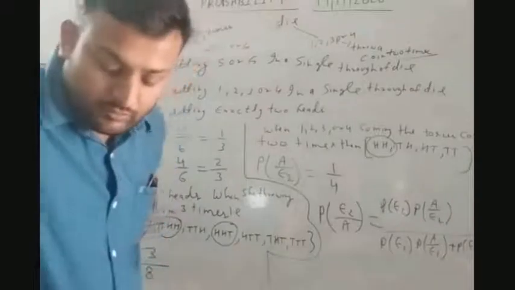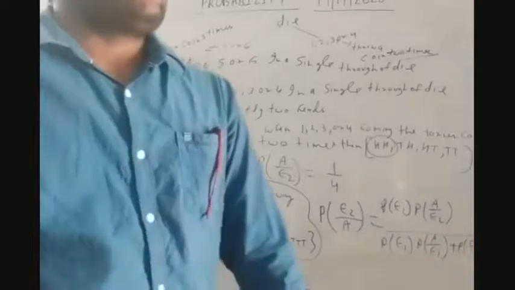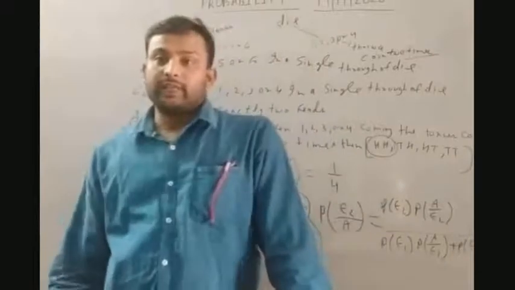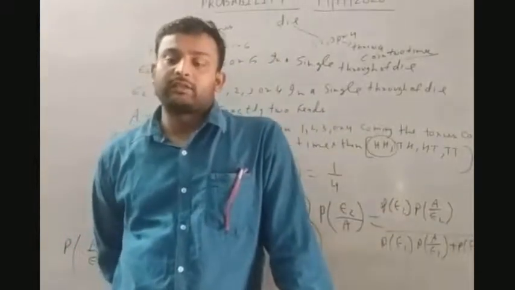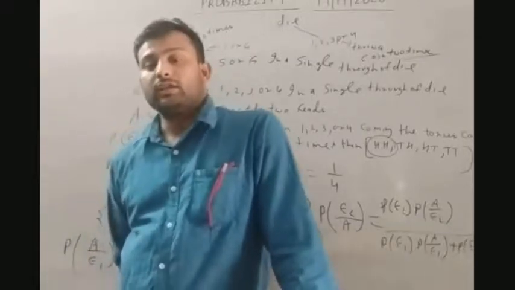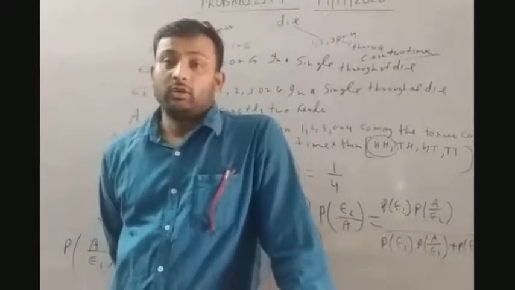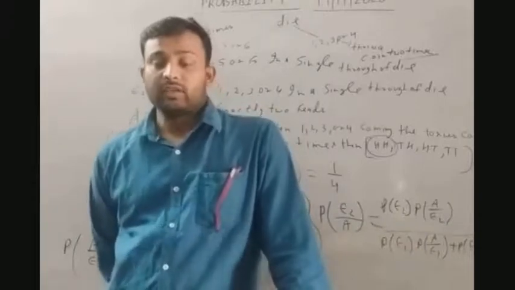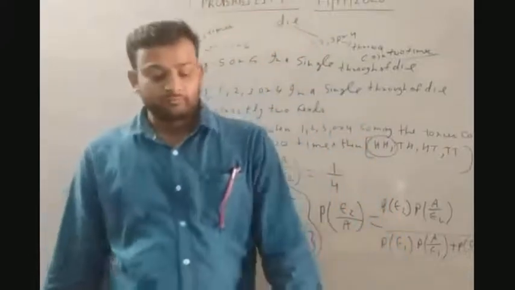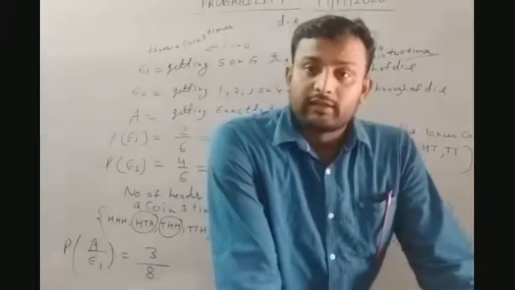Okay. So let's see once again what we have done overall in this question. Our question is that a girl has a die and she rolls the die. If she gets 5 or 6, she throws a coin 3 times. If she gets 1, 2, 3 or 4, she throws a coin 2 times. She always notes the number of heads when she tosses the coin. It says that exactly 2 heads came.